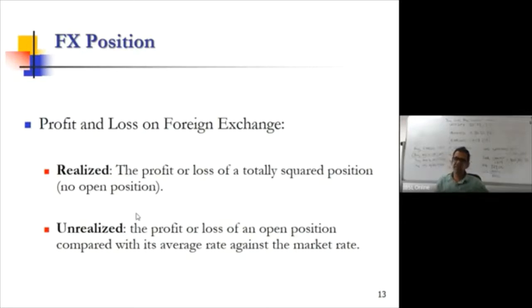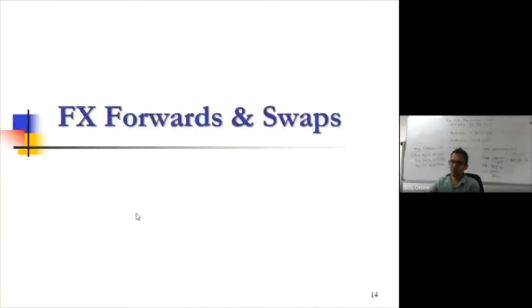Until such time, based on your open position and the market rate, you will have an unrealized profit or loss. That is what we call mark to market. We take the market rates and compare with our cost and calculate the profit or loss. But whenever the market rate changes, our profit or loss changes. So that is unrealized profit or loss. Any question so far?